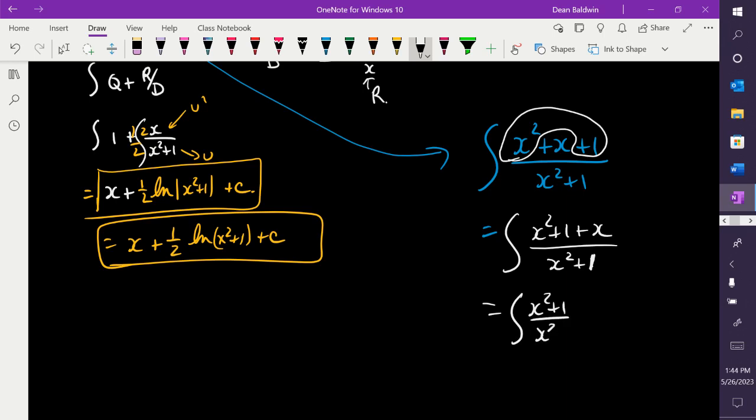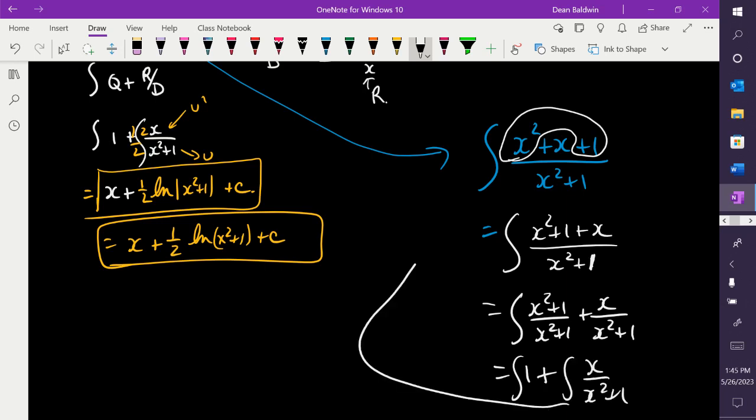You can break it apart, but you've got to be careful. Is that the same thing? It is, because if you have the same denominator, you just add the numerators. x squared plus 1 over x squared plus 1 is 1, plus the integral of x over x squared plus 1, which is what we had right there.